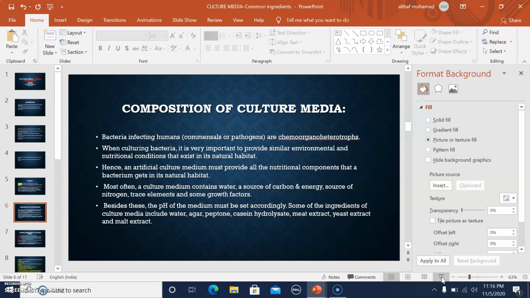Hence, an artificial culture media must provide all the nutritional components that the bacteria get in their natural habitat. So, while preparing the artificial culture media, we should know how much nutrients are available for the bacteria from nature.